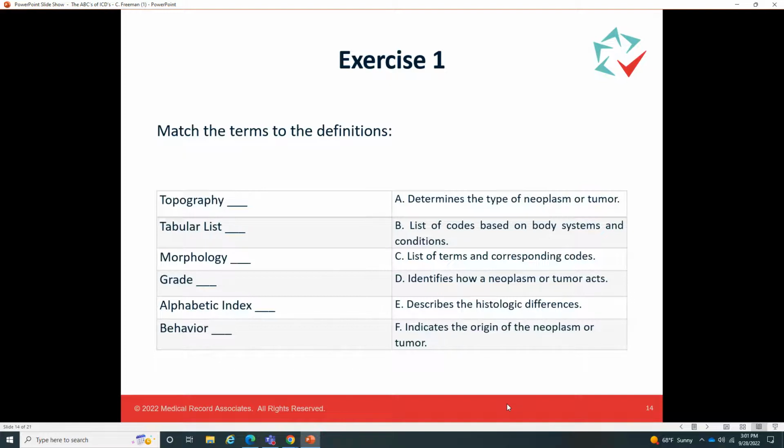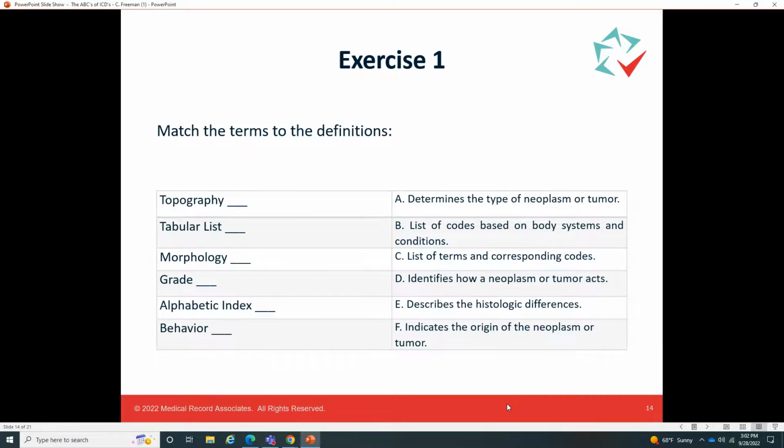We select A, determines the type of neoplasm or tumor. Fourth is grade. Describes the histologic differences, which would be E. Alphabetic index, another part of diagnostic codes, and that is C, list of terms and corresponding codes.